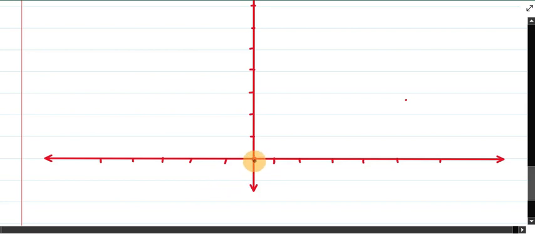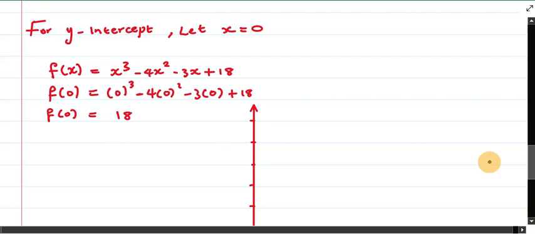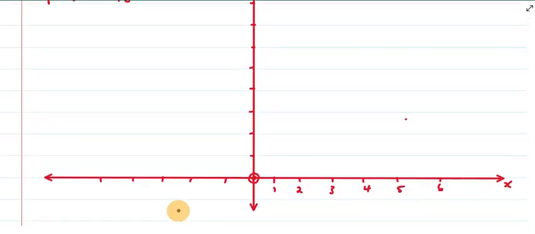Here it's the point 0, 0. Here it's the x-intercept part, here it's the y-intercept part. Here it's minus y, here it's minus x.